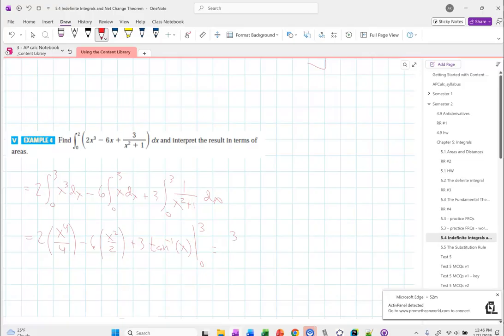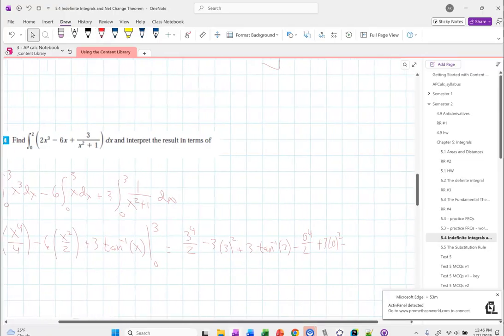So we're going to have 3 to the 4th over 2 minus 3 times 3 squared plus 3 times tan inverse 3, minus 0 to the 4th over 2 minus 3 times 0 squared. Oops, that's plus though now. And then minus 3 times tan inverse of 0.